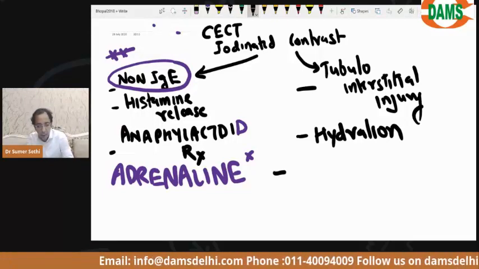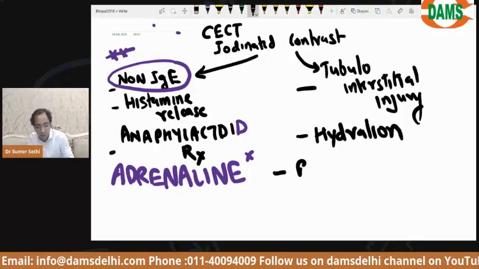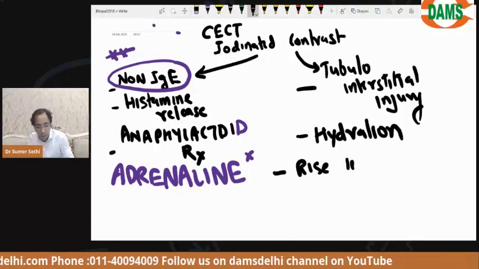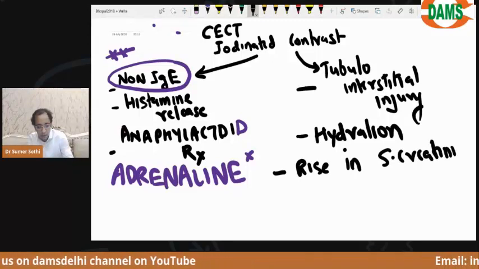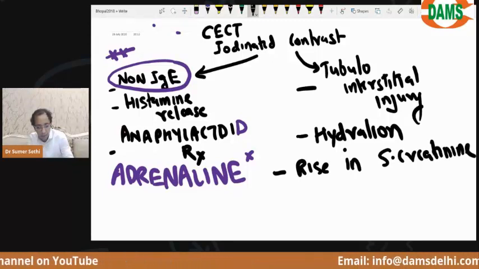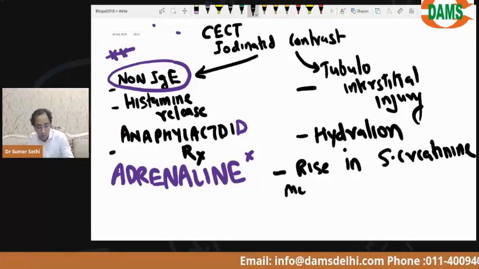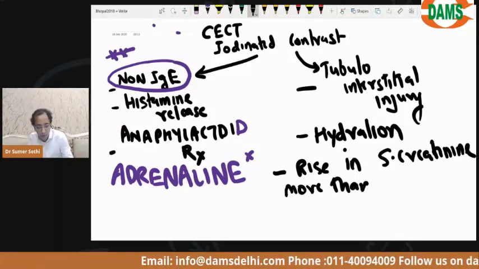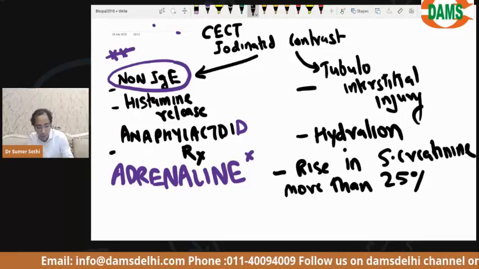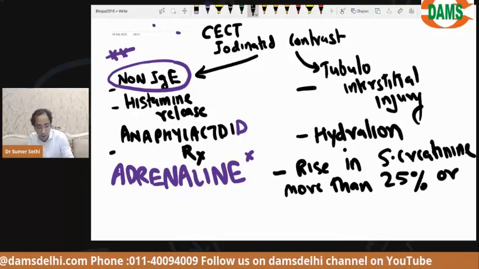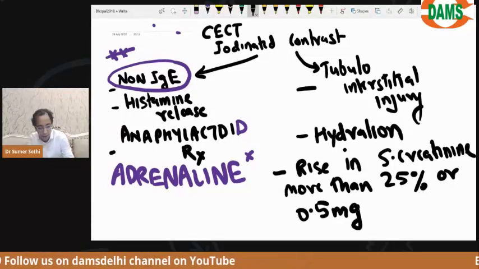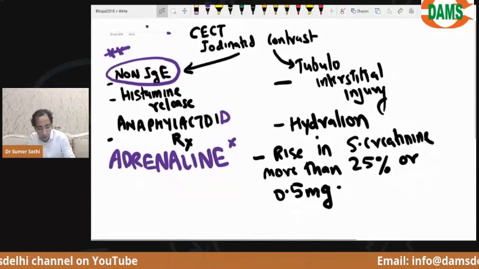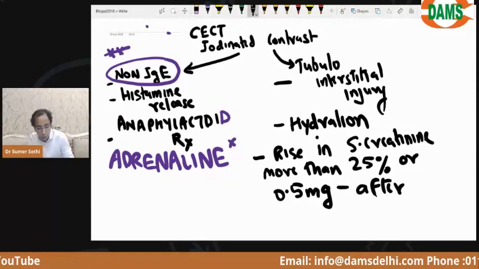And we will say that the patient has developed nephropathy due to dye if you see rise in serum creatinine more than 25% above the baseline or 0.5 milligram above the baseline, okay, after 2 to 3 days.